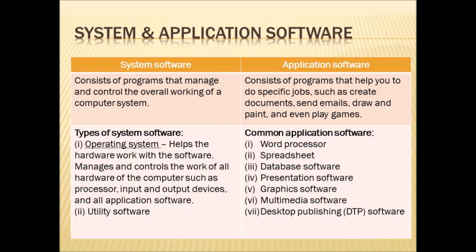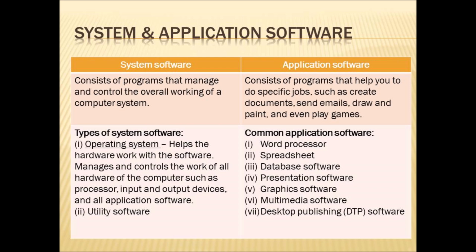The word processor is used to work with text, spreadsheet is used for calculation purposes, database software is used to store large amount of data, presentation software is used to present something with the help of pictures, videos, music, etc. Graphic software is used for graphical purposes.